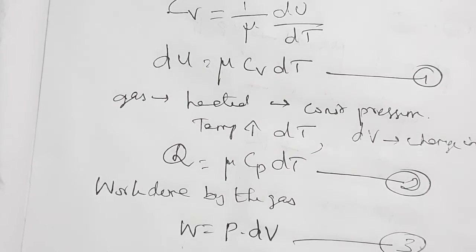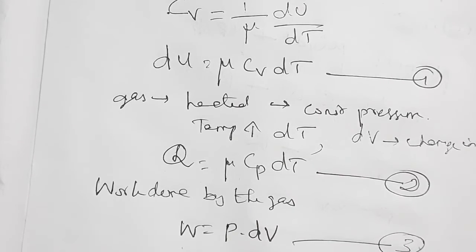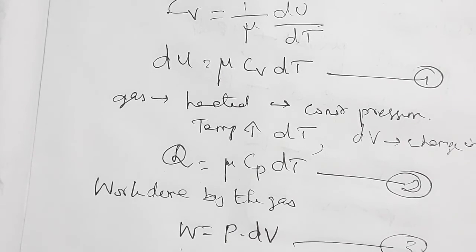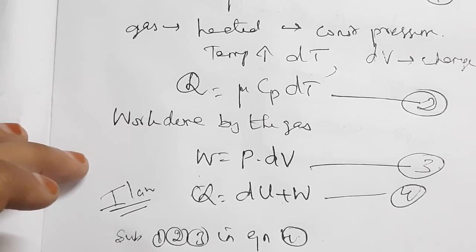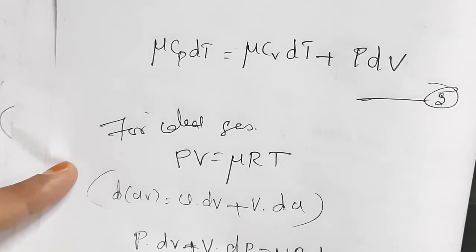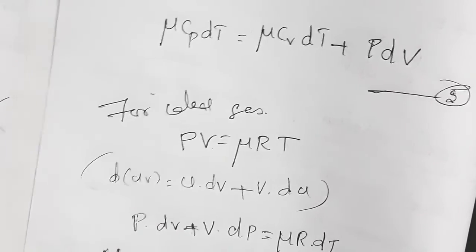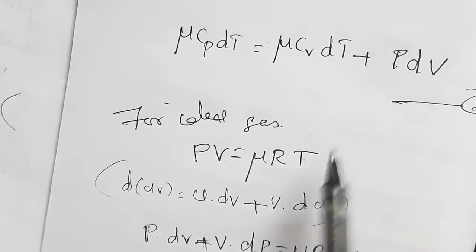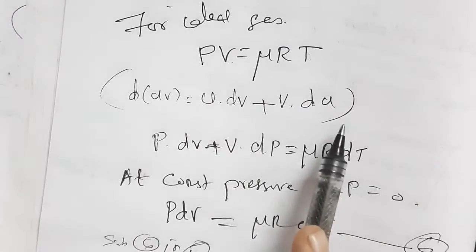According to the first law of thermodynamics, Q is equal to dU plus W. Substituting the Q, dU and W values in this equation gives mu Cp dT is equal to mu Cv dT plus P dV. Now we substitute the value of P dV, for which we take the equation of state for an ideal gas, PV is equal to mu RT.